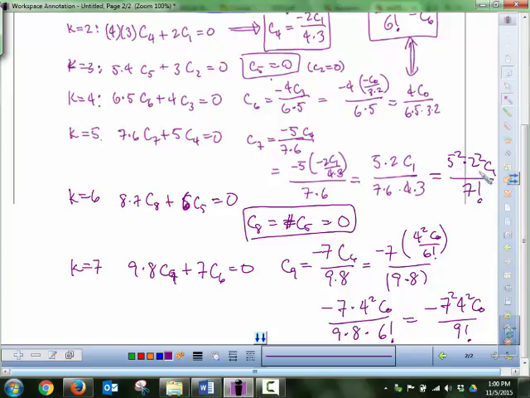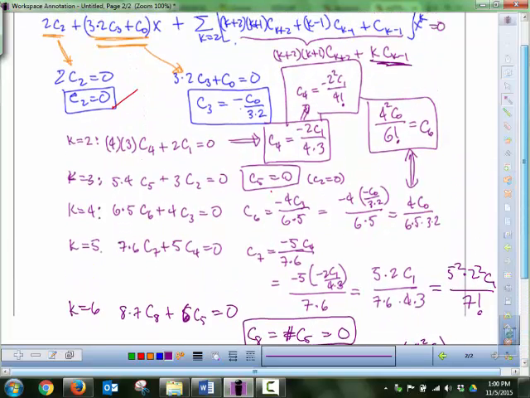So it looks like the powers on top are going up by 2, and then we have a factorial in the bottom that matches our subscript. So let's see if we can write all this stuff down, and we'll do this on the next page.